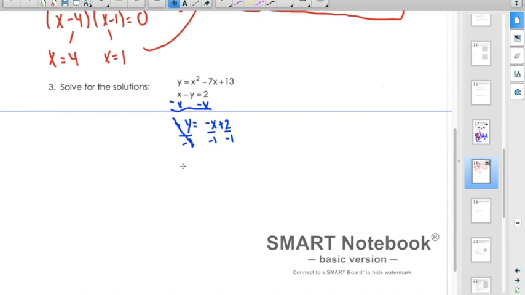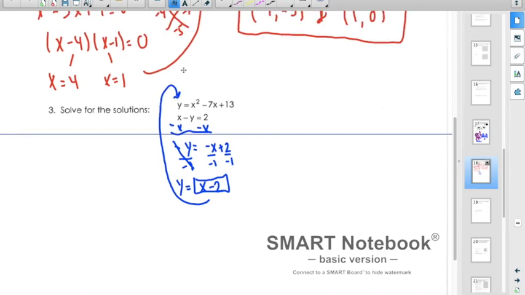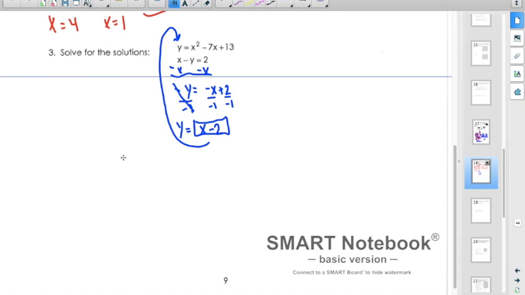That way that cancels out. So I really have y is equal to x minus 2. All right, sweet. Now I can take this piece, x minus 2, and substitute it in for this y value, and then solve.